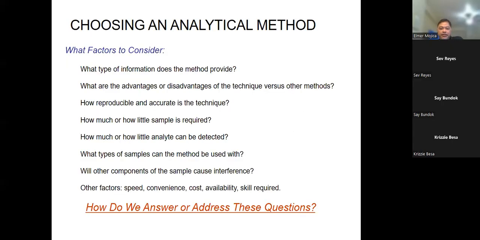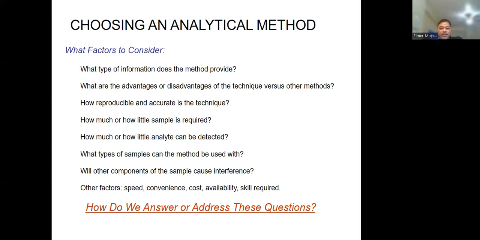We are on what we call an instrumental analysis course, and we're using modern instruments to do the analysis. So whenever you choose an instrument that you want to use, okay, these are some of the questions that you need to ask yourself.